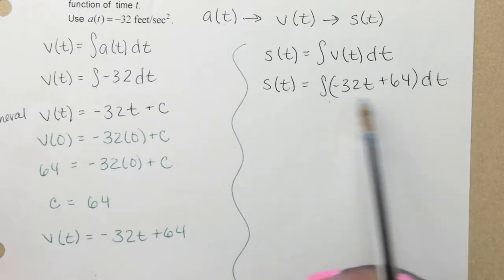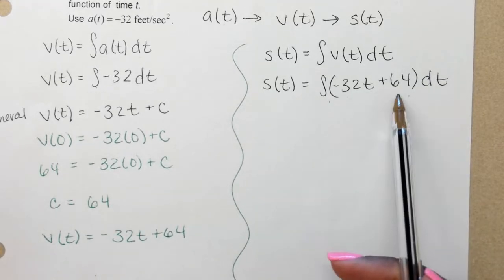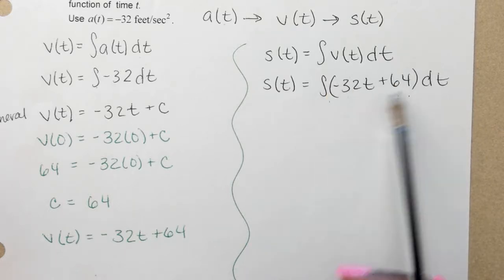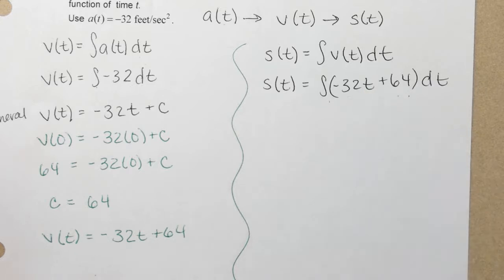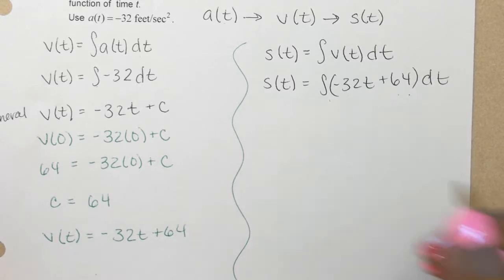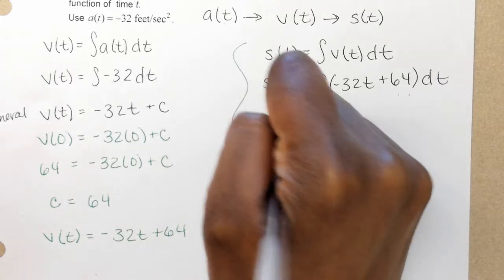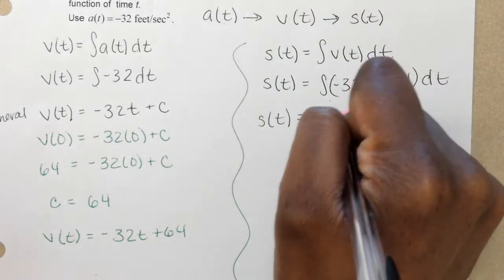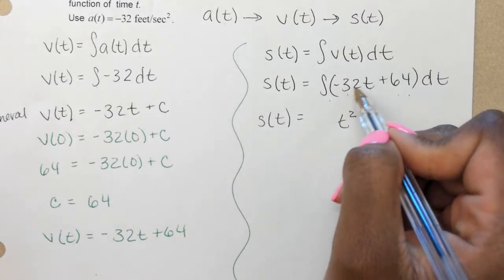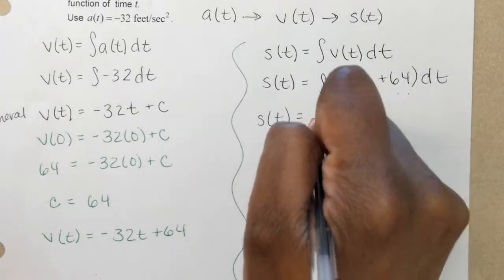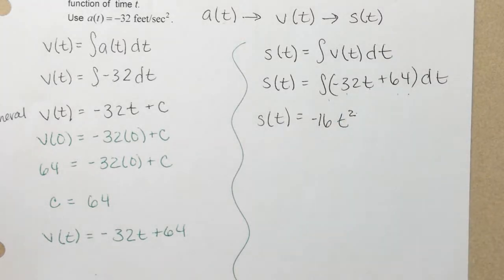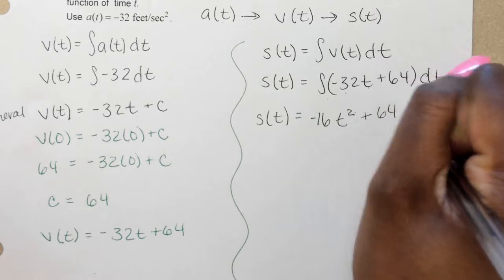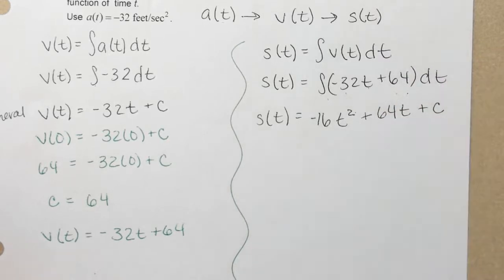I put parentheses around these when we have multiple terms to emphasize that we're taking the integral of the whole thing, not just the first piece. Okay. So s of t then must equal, right, we're going to add 1 to the exponent, so we have t squared. And we're going to divide our coefficient by our new exponent, so negative 16 t squared. And then plus 64 turns into plus 64 t, and then we have the plus c.